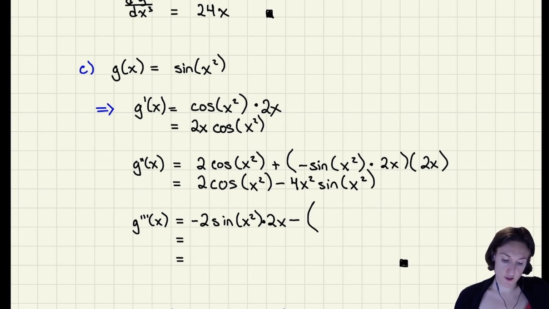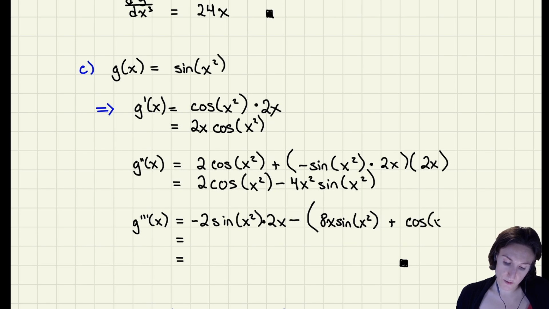So for the second term, I'm going to have to do the product rule. So the derivative of the first, which is 8x, times the sine, plus the derivative of the second, which is going to be cos x squared, times 2x, and then multiply that by the first, which is 4x squared. Remember, I factored out that negative, so I don't have to worry about it.